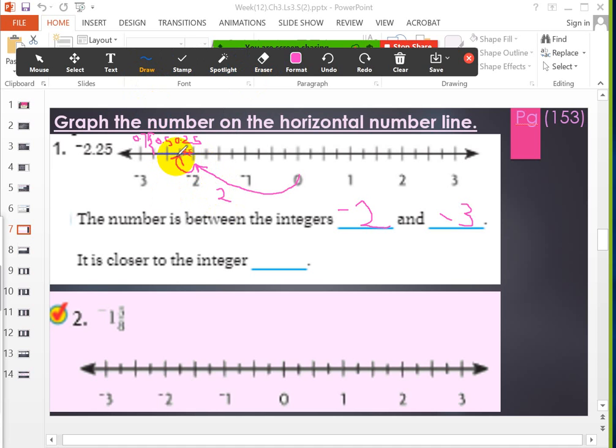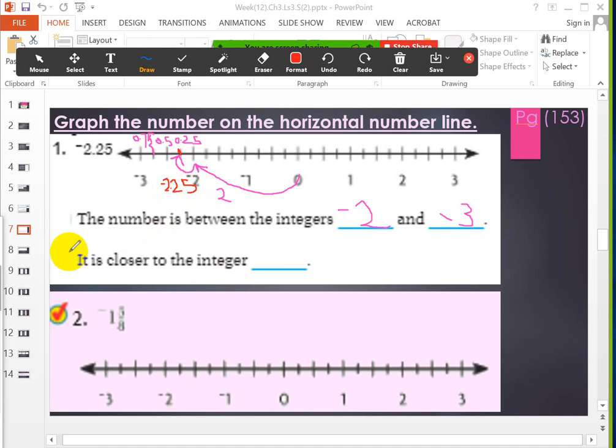I will draw it with another color, with red color. This is negative 2.25.